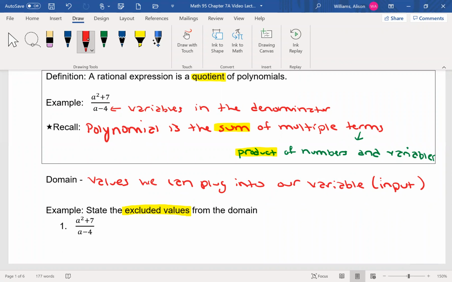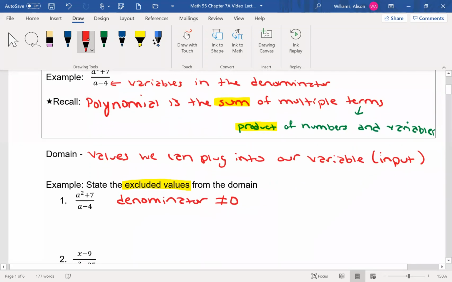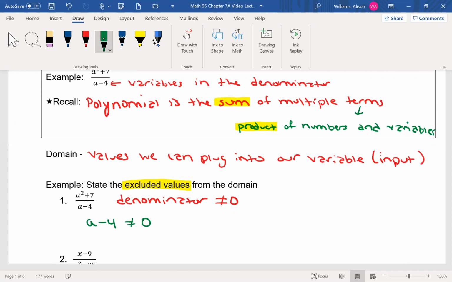And when we're working with a fraction, we have to be worried about the denominator not equaling 0. So we do not want the denominator to equal 0. So that's what we're going to do then, is see where the denominator equals 0. And I look at this and the denominator is a minus 4. And that thing is going to equal 0 when a equals 4.